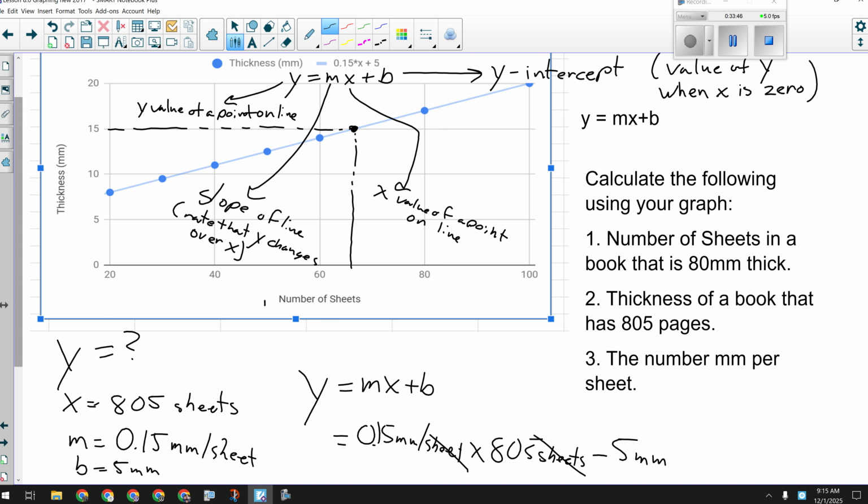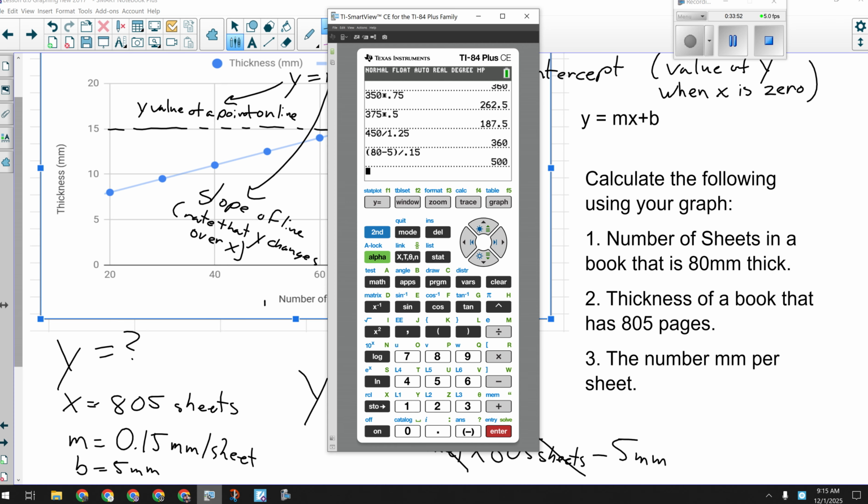I'm going to be left with millimeters, and I'm just going to be subtracting millimeters from millimeters. So if I punch all that in, 0.15 times 805, minus 5, that book will be 115.75 millimeters thick.